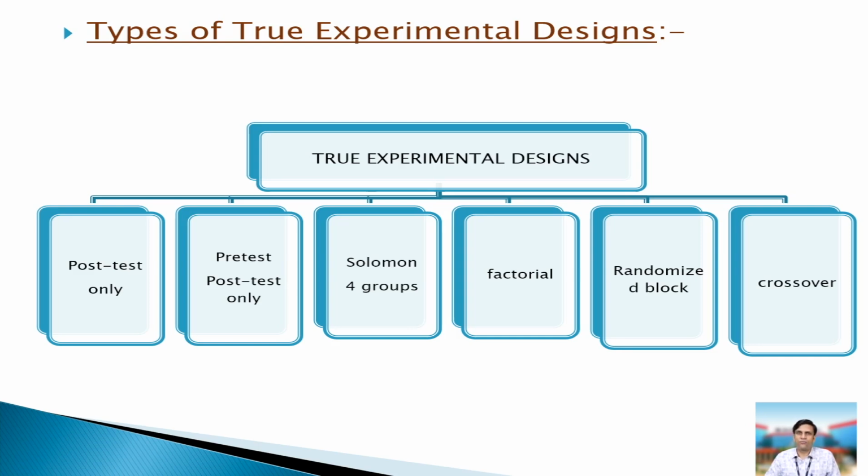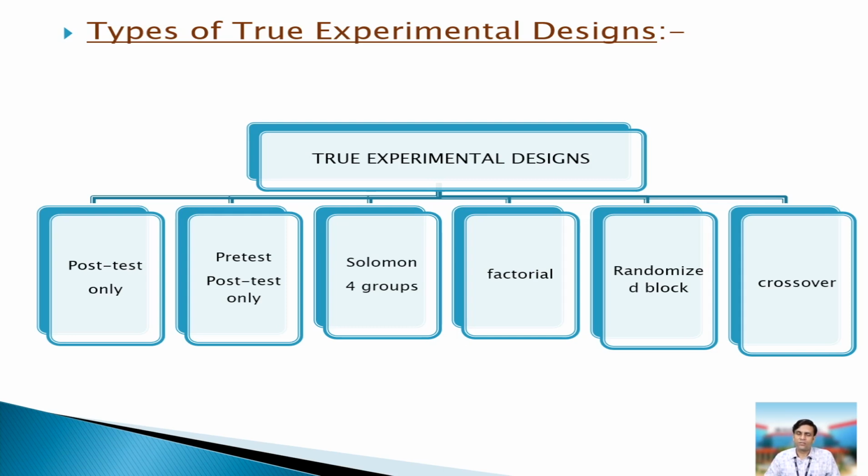So here, after doing the post-test, the results of the pre-test and post-test are compared. And then it is usually seen that there would be some productive effect seen on the experimental group result, and the control group will not have that much effect. So this way it is done.